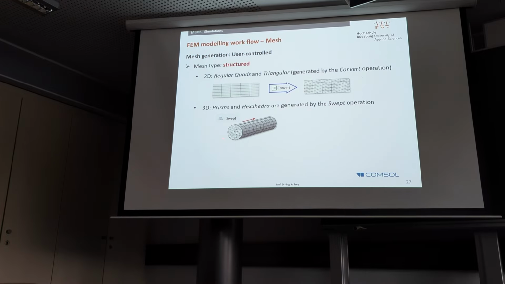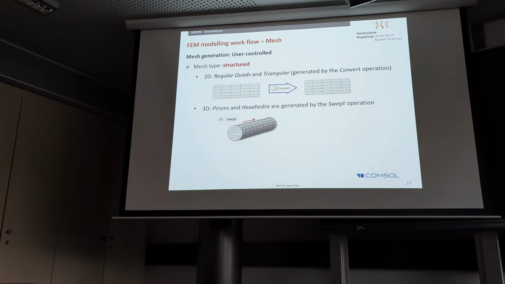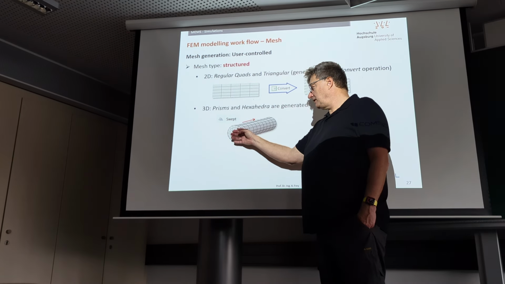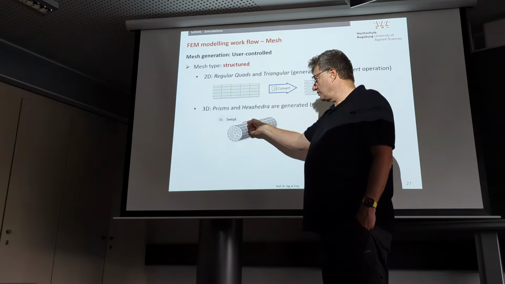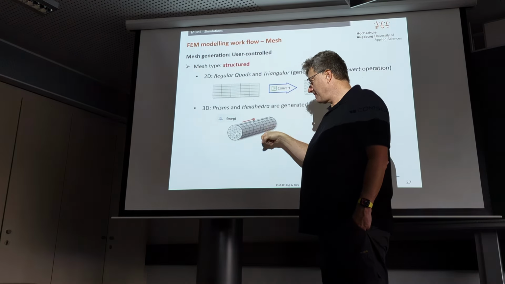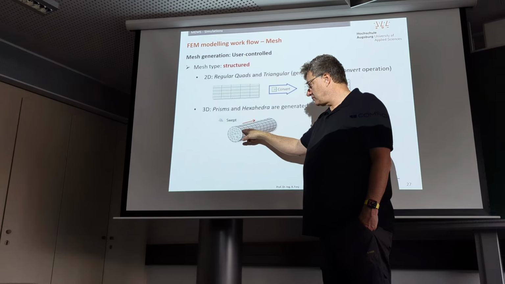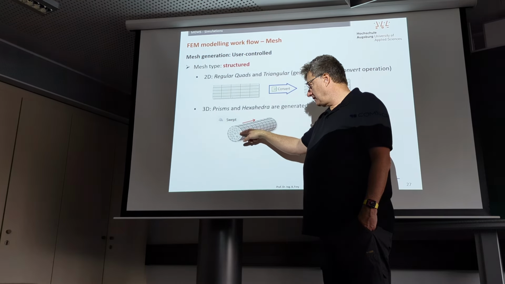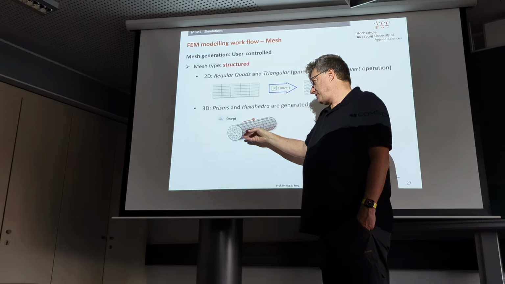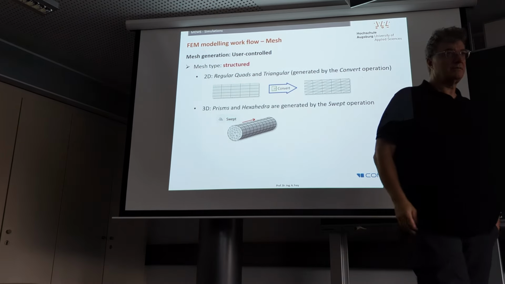And when you're satisfied with the 2D triangular mesh, then you use an operation called swept. Swept means that this pattern here is swept through the remaining geometry, and that obviously creates a mesh element which has a triangular base, and then basically a shape of a prism, so prism elements result.